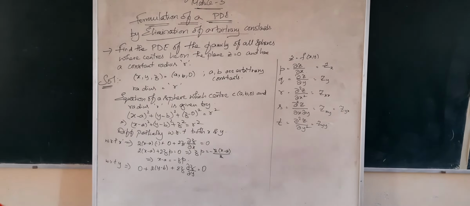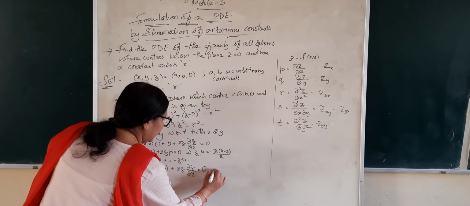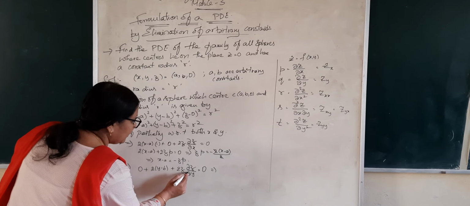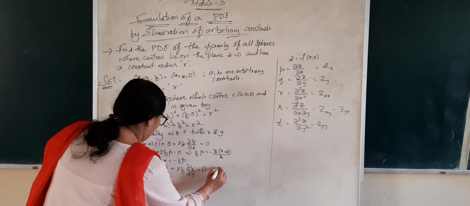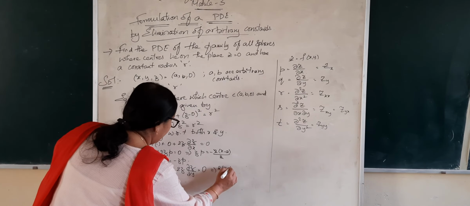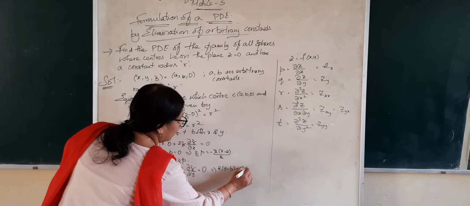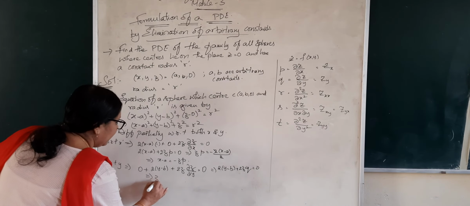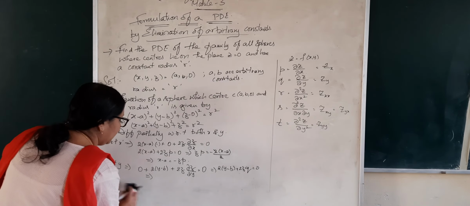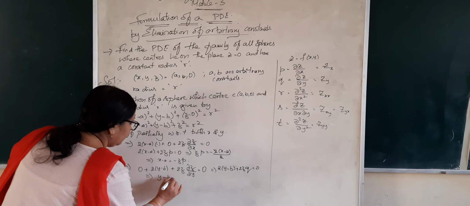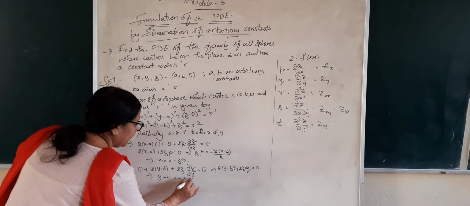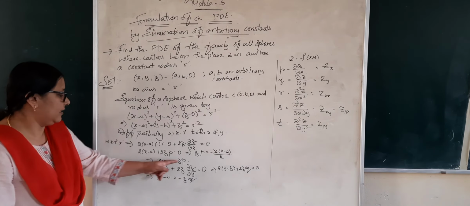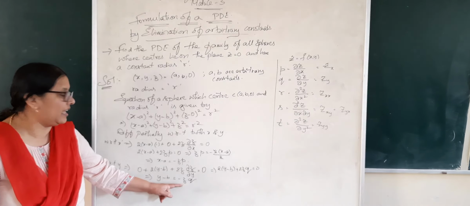Simplify this, dou z by dou y is q. So 2 times (y minus b) plus 2zq is equal to 0. Simplifying in the same way, we get y minus b is equal to minus zq. This is minus zp and this term is minus zq.